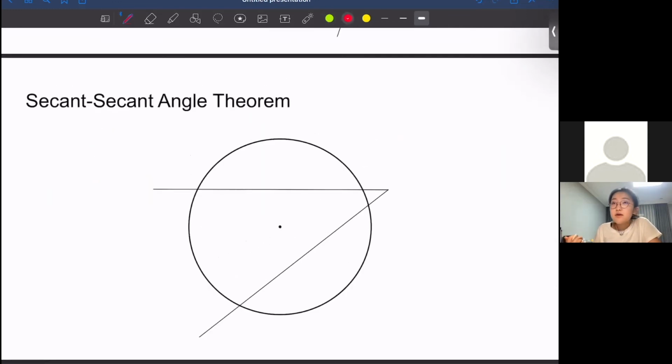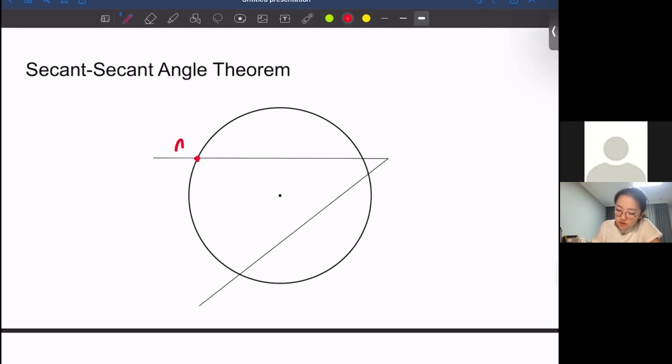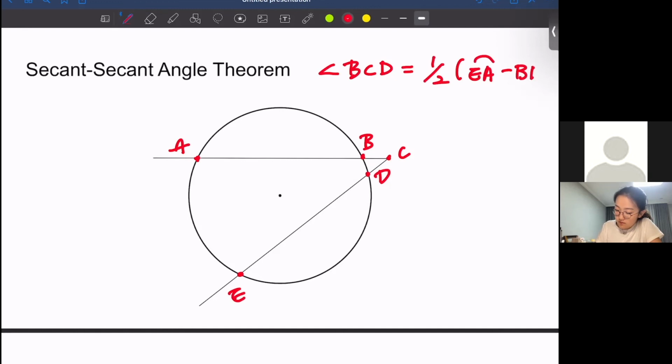And the secant angle theorem is really similar to the two other angle theorems that we just saw. Angle BCD is half of arc BD subtracted by arc EA.